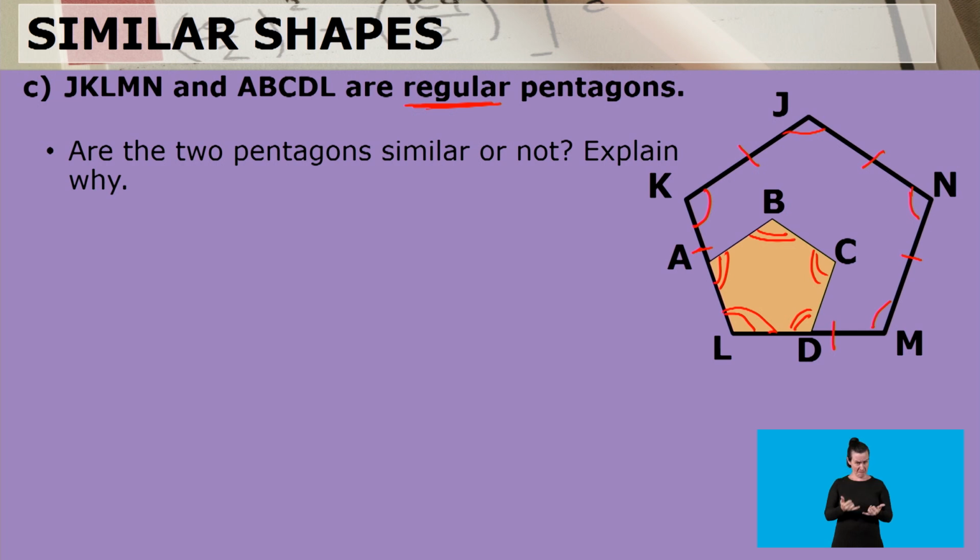And then the sides, we have side AB equal to side BC, equal to side CD, equal to side LD, and equal to side AL. So that's what regular pentagons mean. And the question was, are the 2 pentagons similar or not? And our answer would be, yes, they are similar.